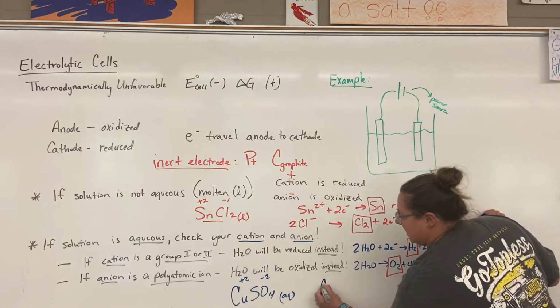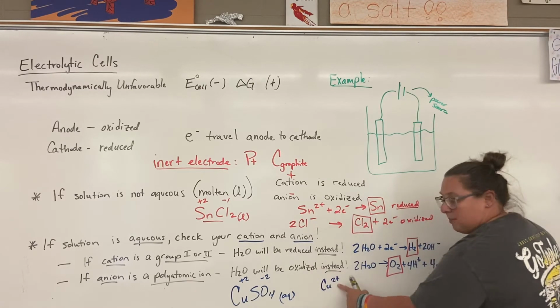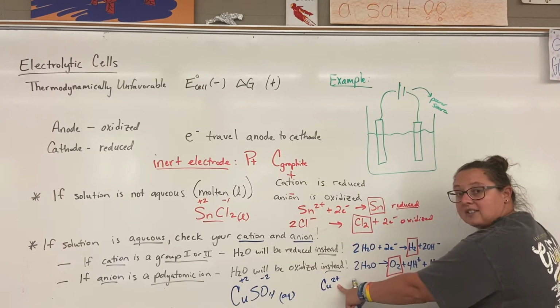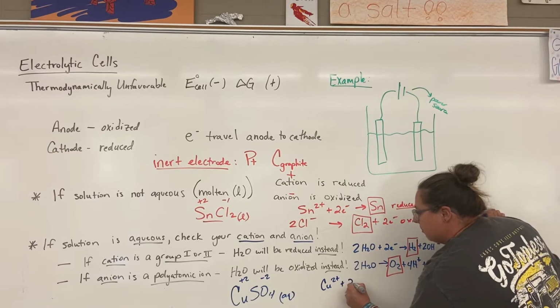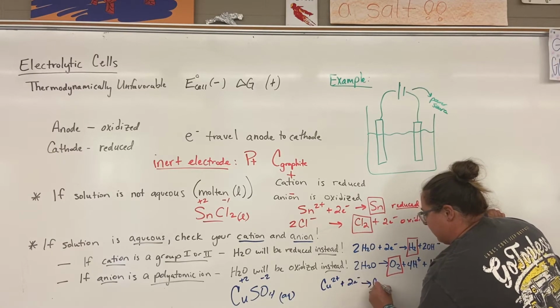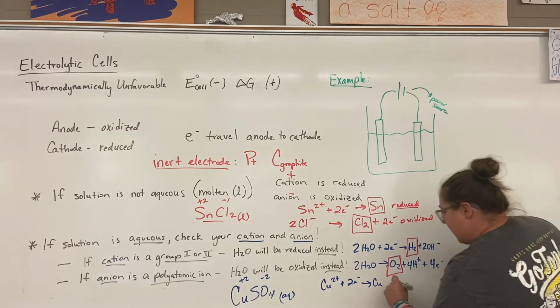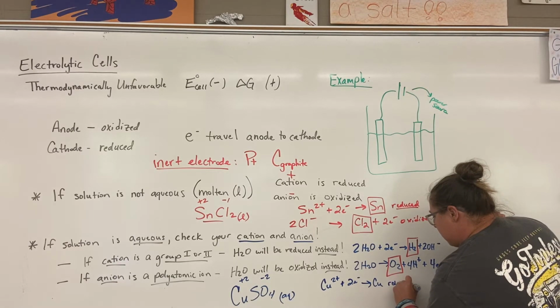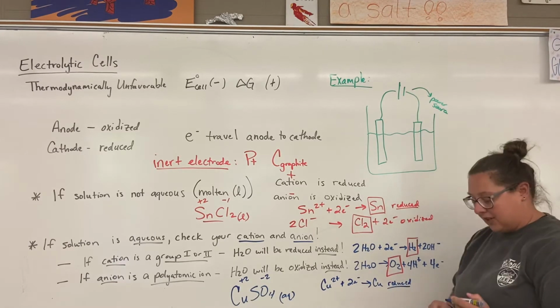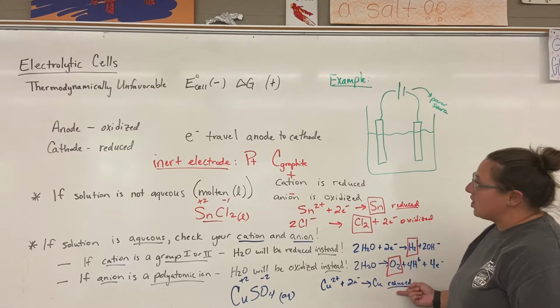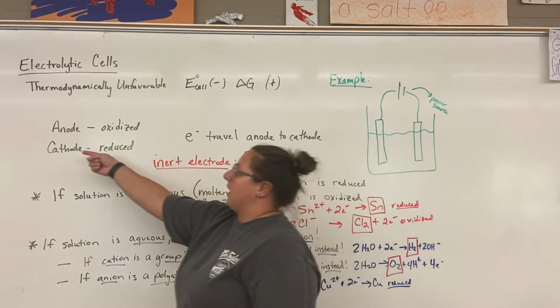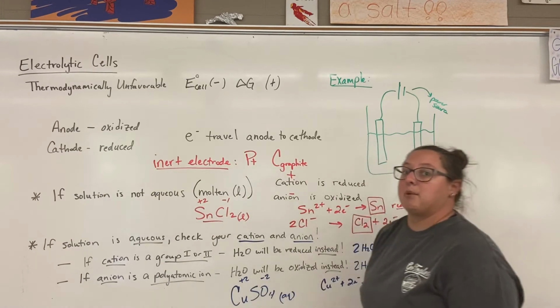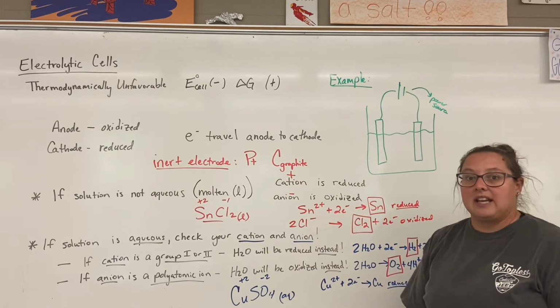We have Cu2+, remember if it's reduced, it starts out as its ion, plus 2 electrons transferred, which yields Cu. That is going to be the reduced half reaction. And remember, reduction occurs at our cathode. So we will have that labeled as our cathode when we go back up to labeling.